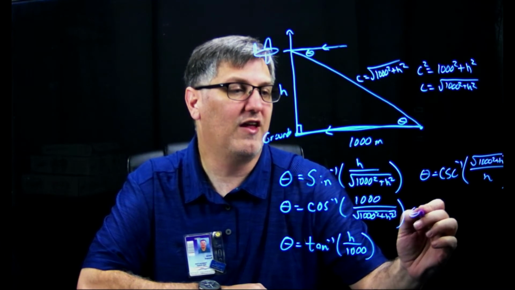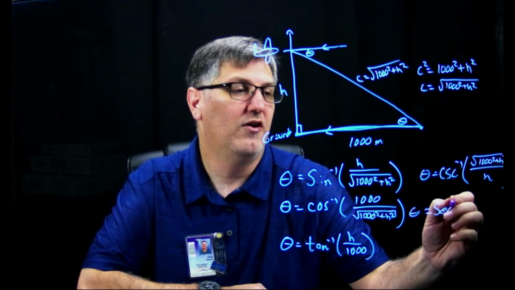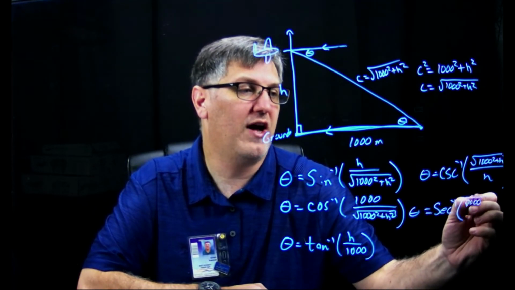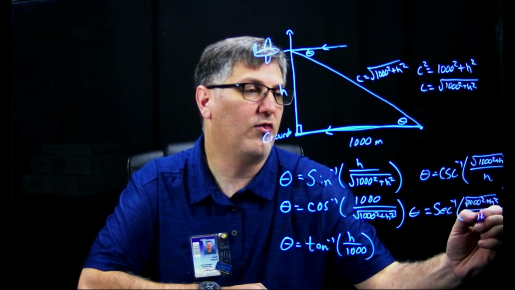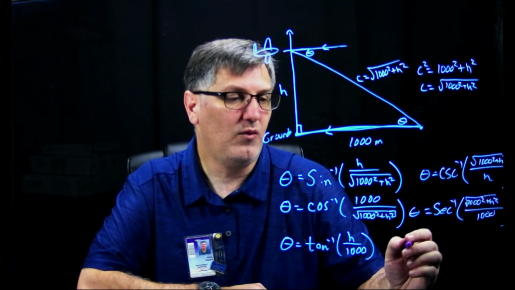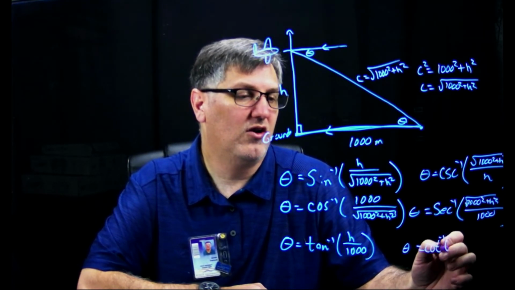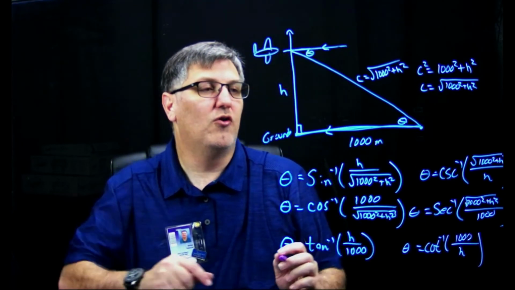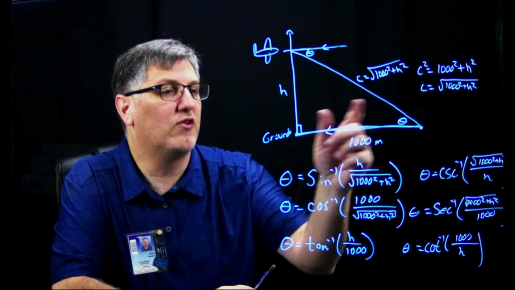Theta could also equal the reciprocal of cosine, secant, so arc secant of the square root of 1,000 squared plus h squared over 1,000. Or we can do arc cotangent of 1,000 over h. So it's really handy to be able to write 6 different formulas in terms of h.